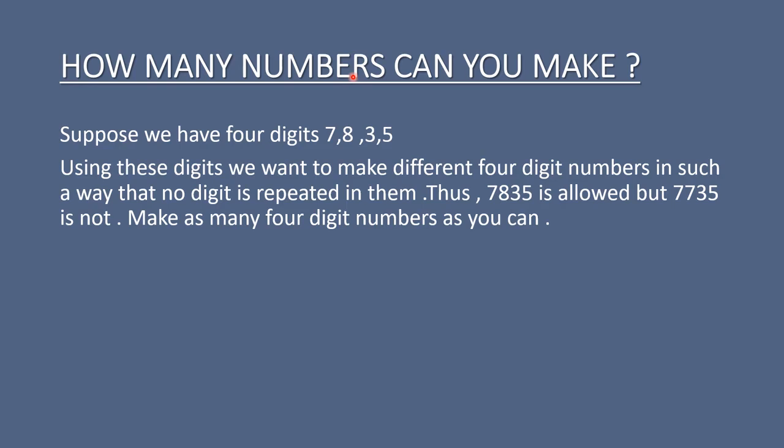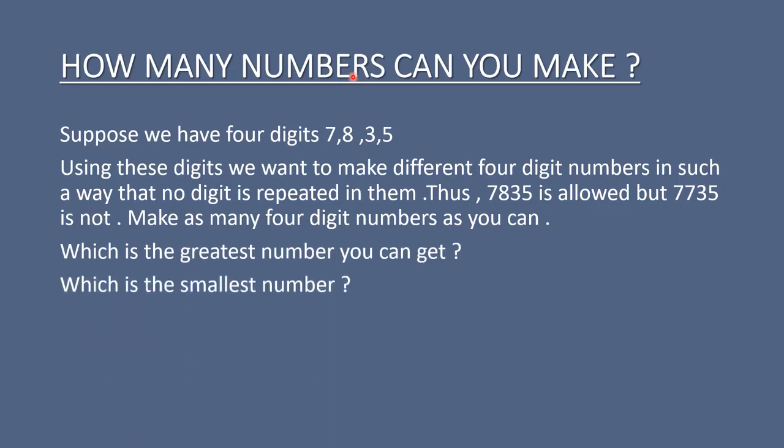Thus 7835 is allowed, but 7735 is not, because in 7735, 7 is written 2 times. Make as many 4-digit numbers as you can. Which is the greatest number you can get? The greatest number is 8753. And which is the smallest number? The smallest number is 3578.